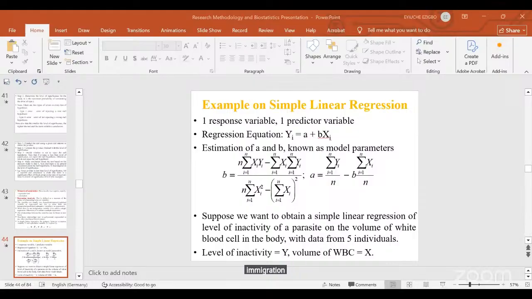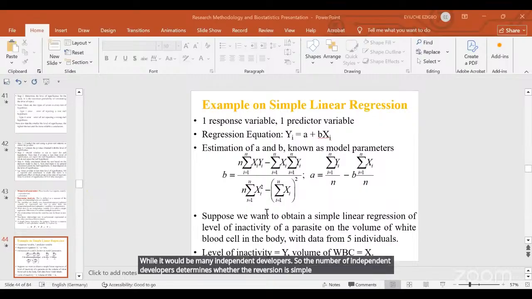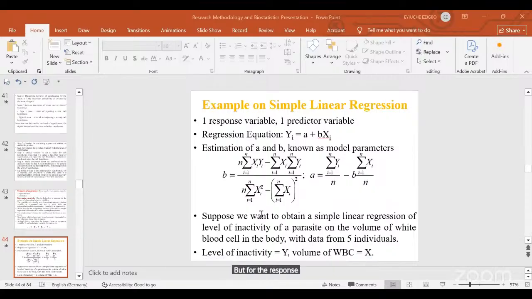But in all the ones that you see in your analysis, there's always one dependent variable, while there will be many independent variables. So the number of independent variables determines whether the regression is simple or multiple. When we have more than one of them, it becomes multiple. When we have only one, it becomes simple. But for the response variable, it's always what? One.